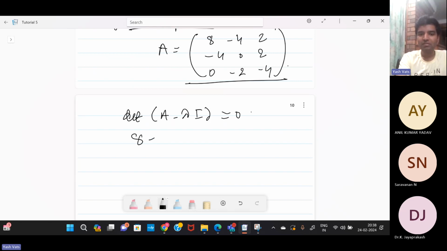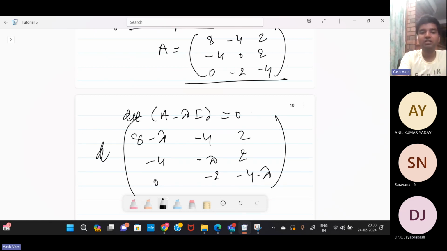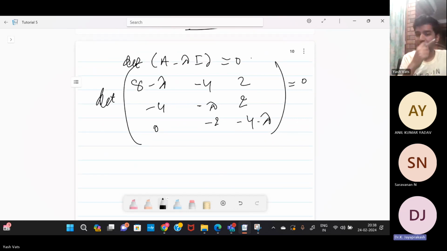So 8 minus lambda, minus 4, 2, minus 4 minus lambda, 2, 0, minus 2, minus 4 minus lambda. What is the determinant of this? So you can find the determinant this way.